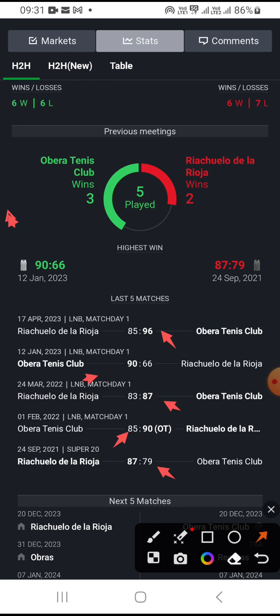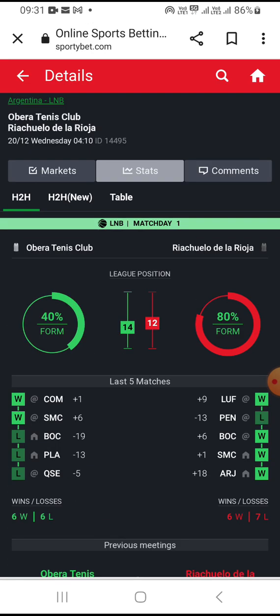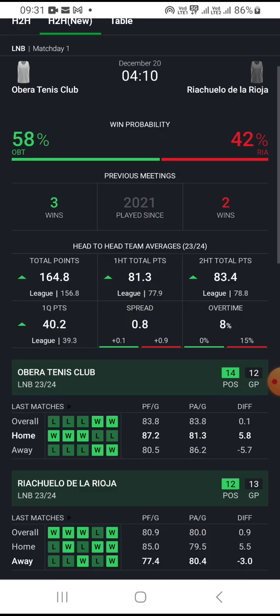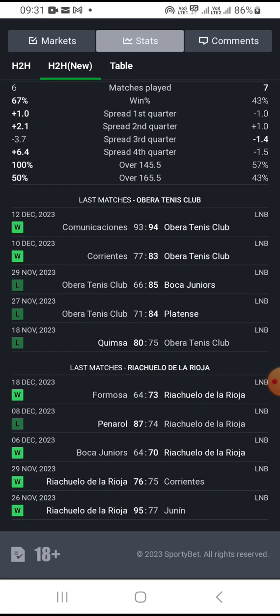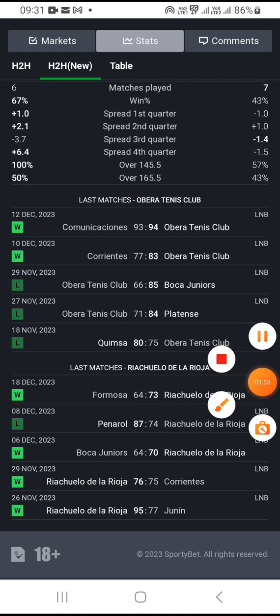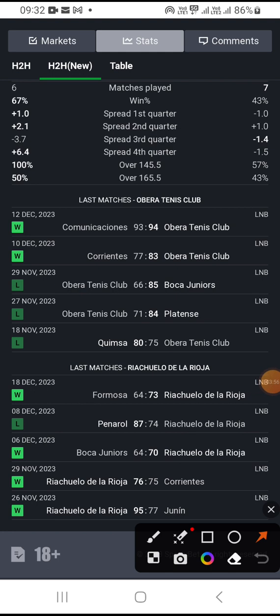This is under H2H and the vertical. Then you compare it to H2H new and the vertical of what they have played. Now we have to check what they have played. So now Obera Tennis Club has 94, 83, 66, 71, and 75.